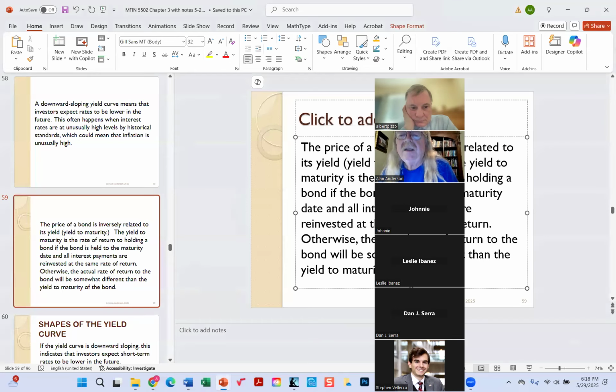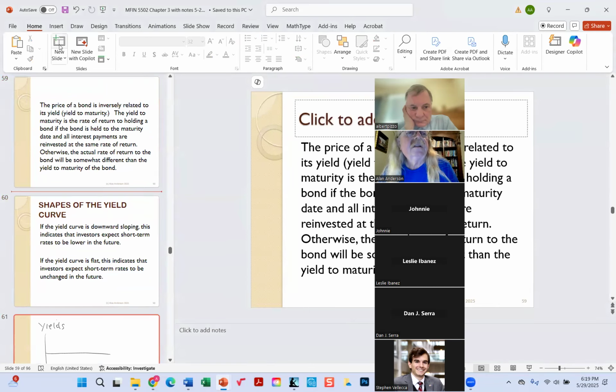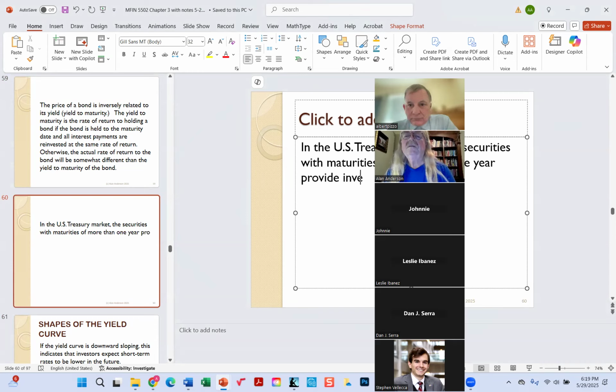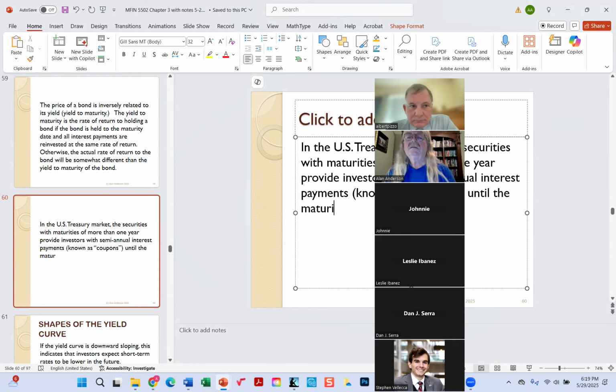And just be aware too that, at least in the US Treasury market, the securities with maturities of more than 1 year provide investors with semi-annual interest payments, which are known as coupons, until the maturity date, at which time the investors are repaid the bond's face value.